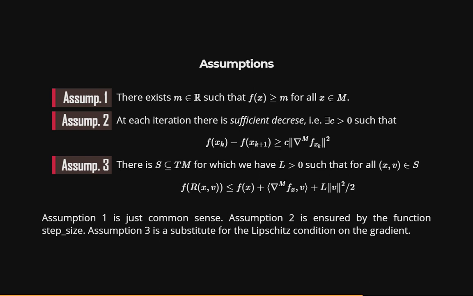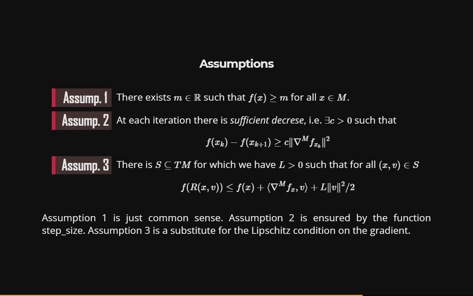So again, assumption 1 is common sense. Assumption 2 is given by a suitable choice of the step size function. Assumption 3 is a substitute for the Lipschitz condition for the gradient. That's what I just told you.